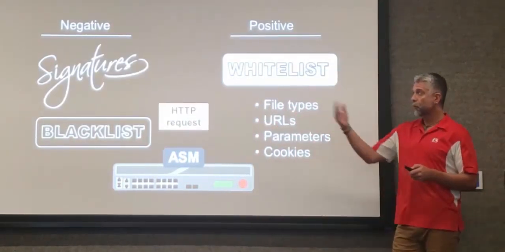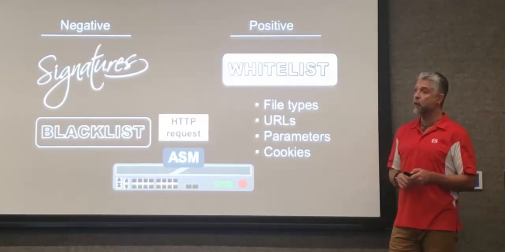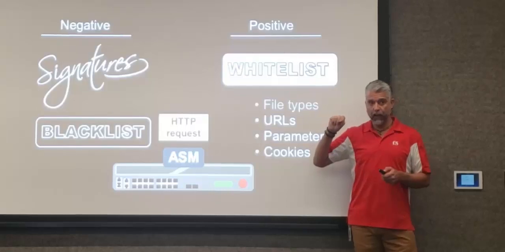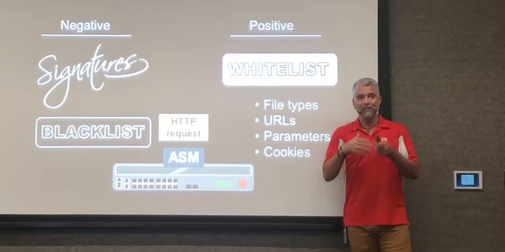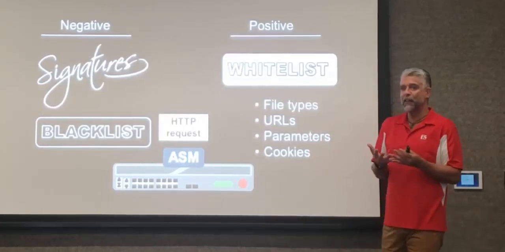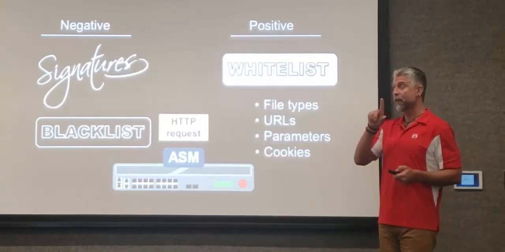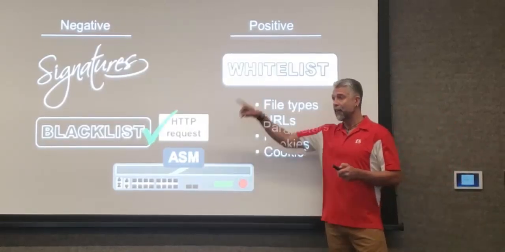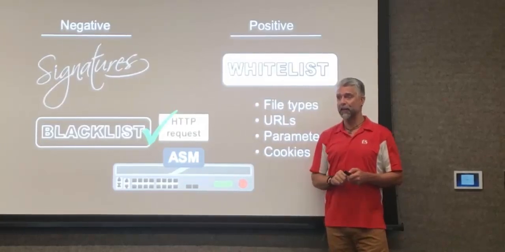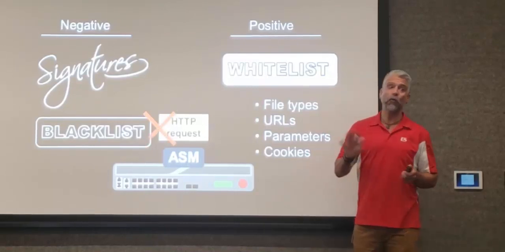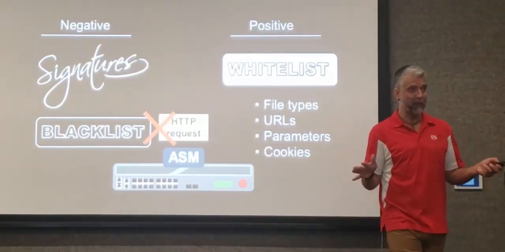For example, when a request comes in, I'm going to make sure it matches my positive security first. If it matches the positive security aspect of my web application, my security policy, then I know it's good. That's a good request. But wait a minute, we still have to make sure it doesn't match something in my negative security, because if it does, then I can say, no, that's malicious, that's bad.